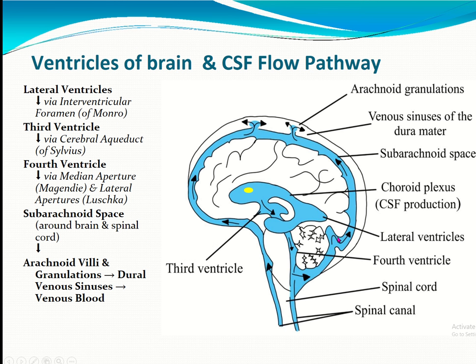The ventricles of the brain: this is the lateral ventricle, third ventricle, then fourth ventricle, and then by the foramina it goes to the subarachnoid space situated around the brain.